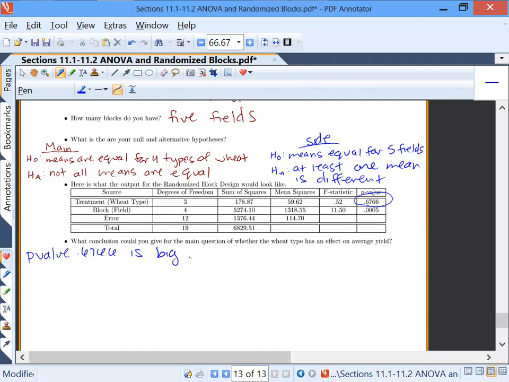And what do we do with big p-values? Reject. Now remember, we still always give our conclusion in terms of the alternative hypothesis. So what we're going to say here is that because we failed to reject it, we just didn't find enough evidence to conclude that not all the means are equal for the 4 wheat types.